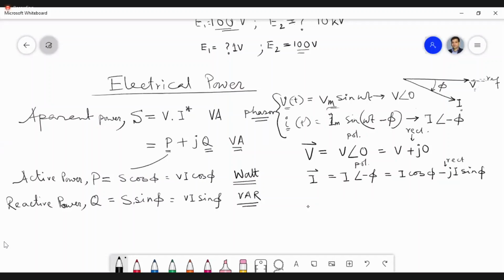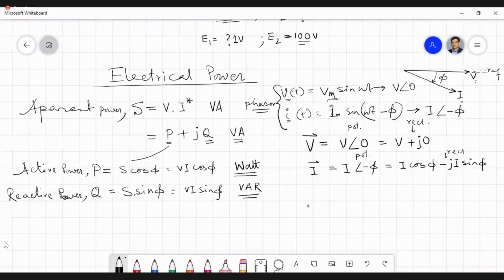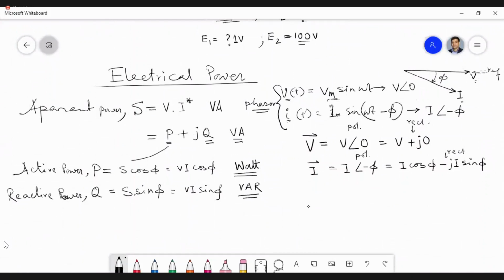So this reactive power is very much related with the voltage control of the lines. Clear? Don't think that, as this is a wattless power, this is a worthless power. Don't think so.